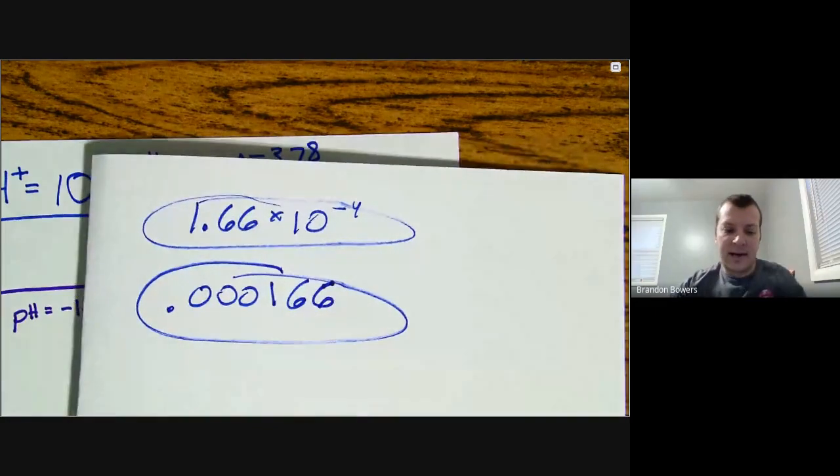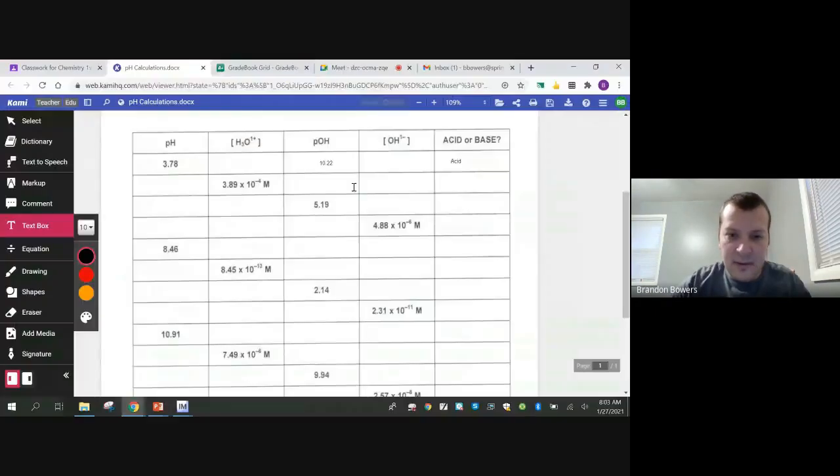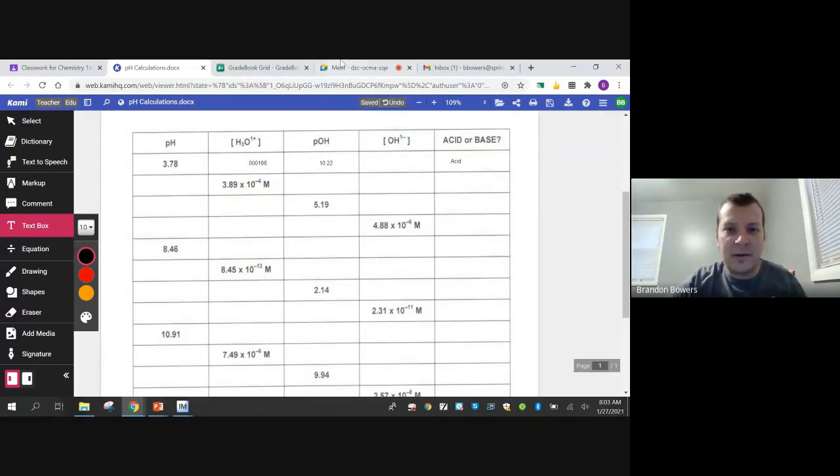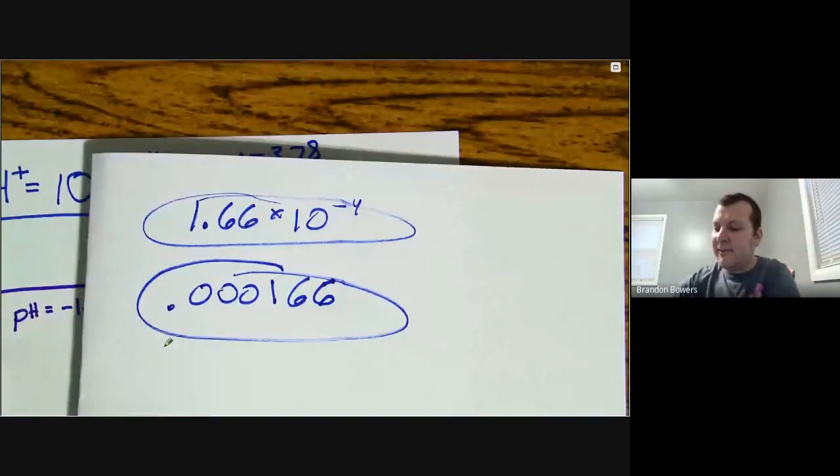So what I'm going to do is plug that into my H+ value, 0.000166, and that's what we're doing. You're just plugging in the numbers, determining if it's acid or base using the 4 corners.